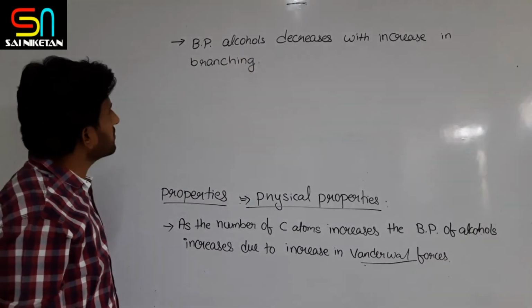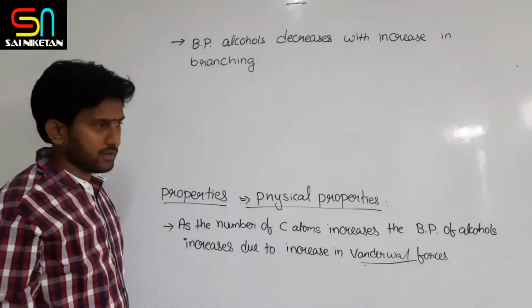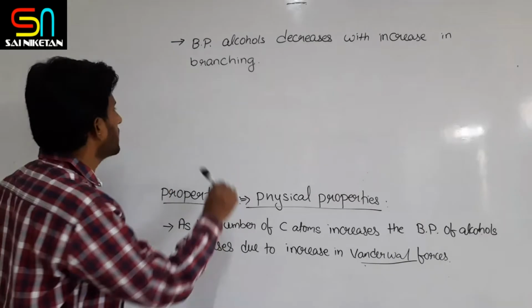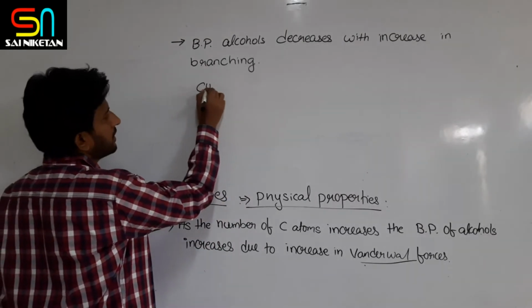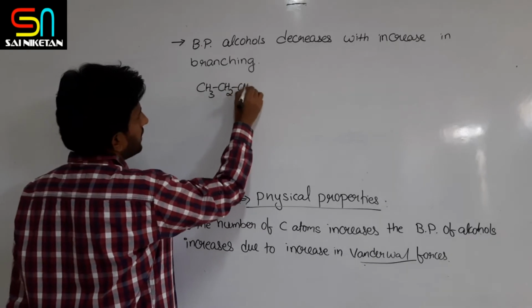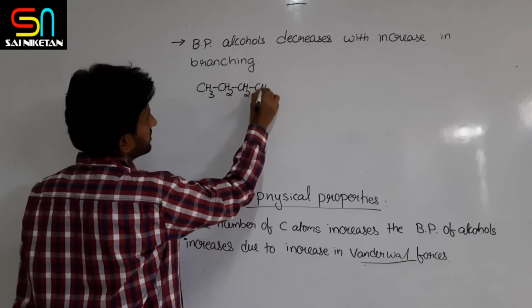Now with increase in branching, meaning is if you take isomeric alcohols, okay, I will write here isomeric alcohols of, let us take butanol.